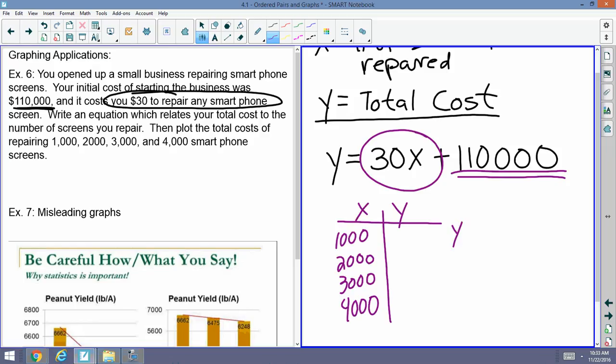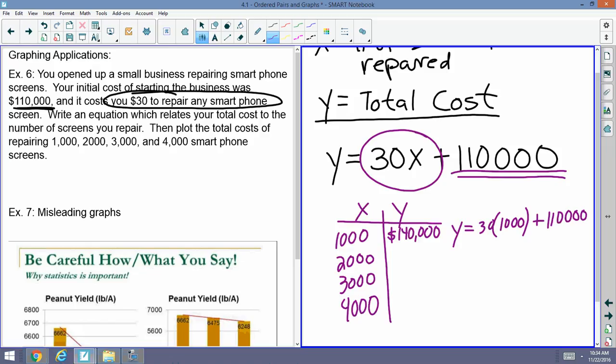Well, Y will equal 30 times 1,000 plus 110,000. 30 times 1,000 is 30,000. 30,000 plus 110,000. It's going to cost you a total of $140,000 if you repair 1,000 phones. This is how the cost structure is created. Once they figure out how much it's going to cost them, then they know how much to sell for.